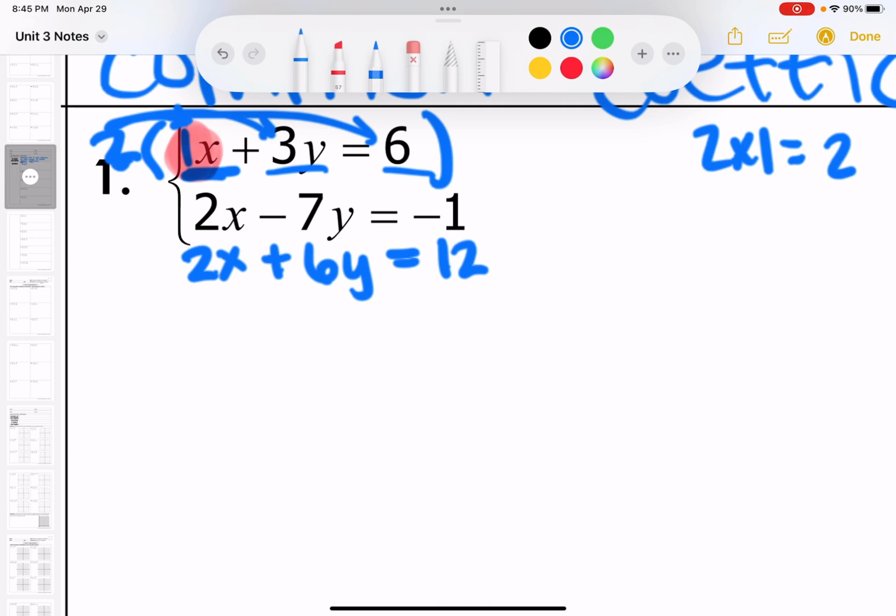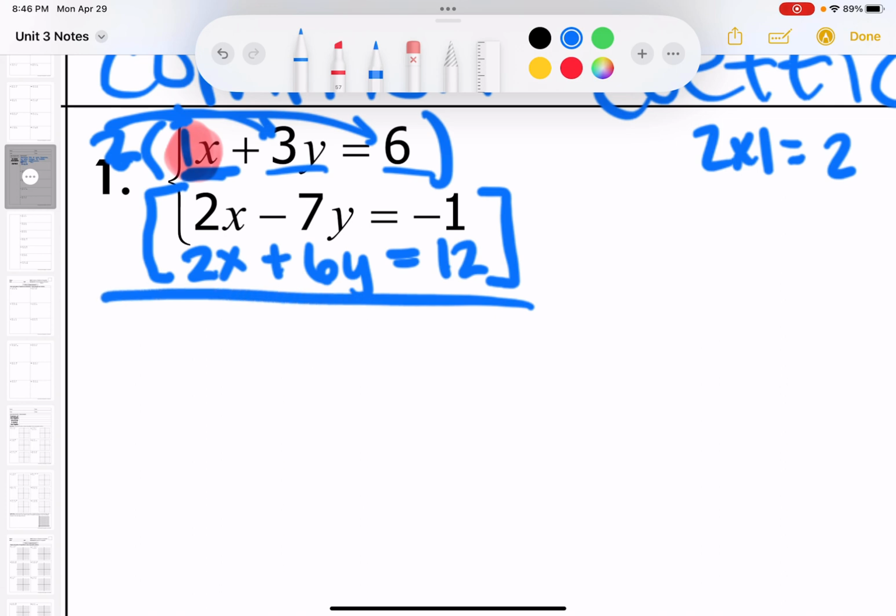All right, now when I'm solving this problem, I'm going to be looking at these two equations right here. Looking at that, I noticed that my x's have a common coefficient and they both have the same sign. So that means I'm going to subtract. So 2x minus 2x is 0. Those cancel.